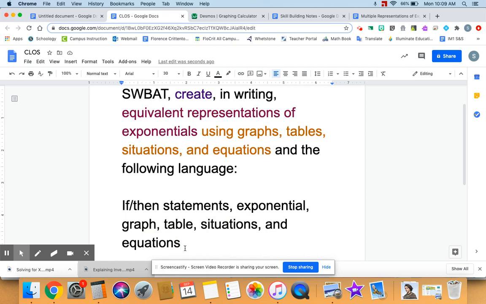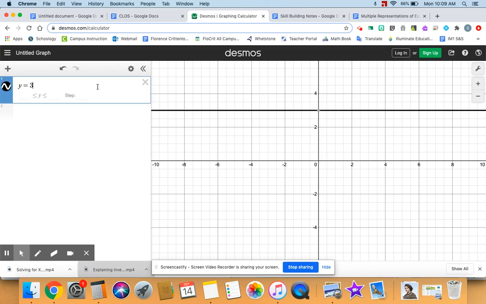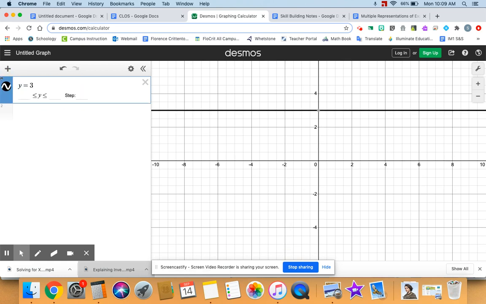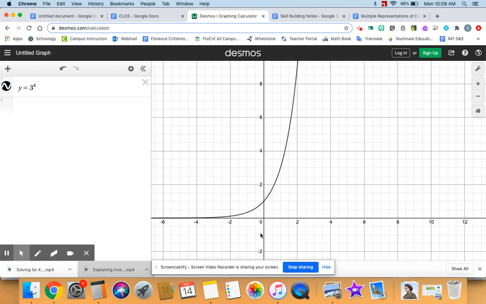So based on the CLO, what do you think you're going to do in this lesson? So basically, if I start with the vocabulary, we're working with exponential functions. And it's a new type of function where instead of growing at a steady, consistent rate like a linear did, because remember, linears made straight lines when we graphed them, like this, but an exponential is where x is in the exponent, and then it makes it curve up because it does not grow steadily.